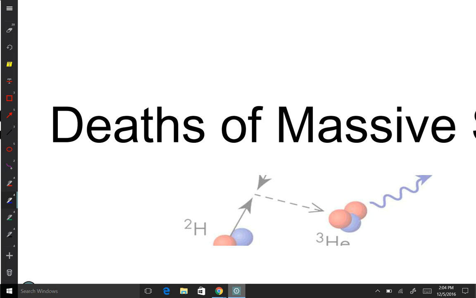Our next step was, what's the maximum mass for something to end up as a white dwarf? 8 solar masses. What is the maximum mass of a white dwarf? 1.4 solar masses.